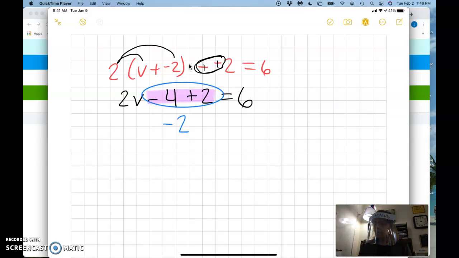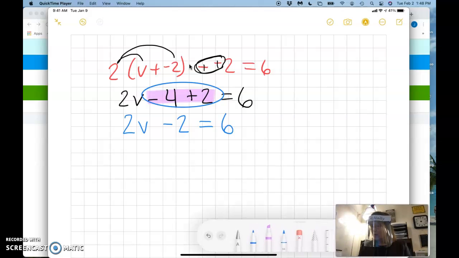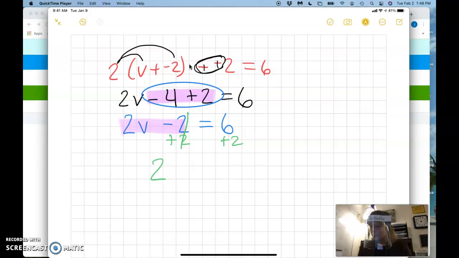Then I'm going to bring down what I haven't used yet. I haven't used 2v and I haven't used the 6. Now I can solve using my steps, add or subtract first, then multiply or divide. There's a negative 2, so you want to turn it to a positive, so you put positive 2. Exactly. And then positive 2, and then you cross out those, and then you do 2 plus 6, which is 8.